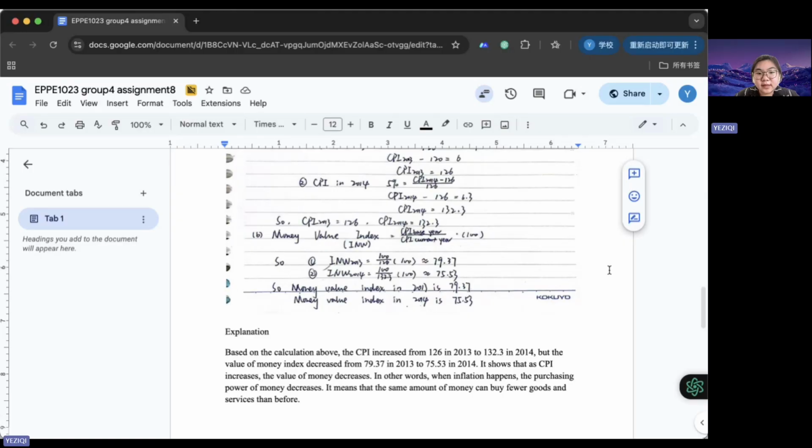The money value index in 2014 is equal to 100 divided by 132.3, multiplied by 100%, which is 75.53. So the money value index in 2013 is 79.37, and in 2014 it is 75.53.